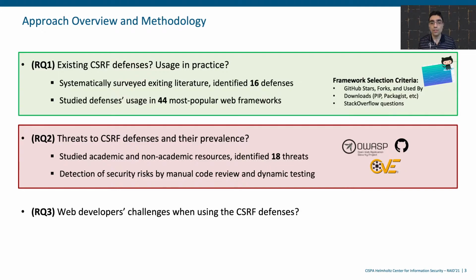For instance, functions containing cryptographic operations and functions that generate and validate CSRF tokens. Then we evaluated the workflow of CSRF defenses following a manual forward control and data flow sensitive inspection. Finally, we verified our manual code review by dynamically monitoring the execution at runtime.